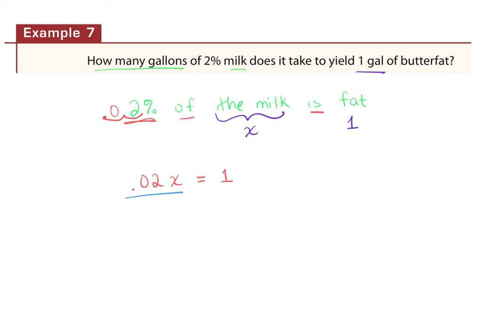Divide both sides by what? 0.02. Do 1 divided by 0.02. A lot of gallons of milk to get. 50. Yeah, 50 gallons. So in order to get 1 gallon of butterfat, I have to have 50 gallons of 2% milk. All right? Does everybody see how we set that up?